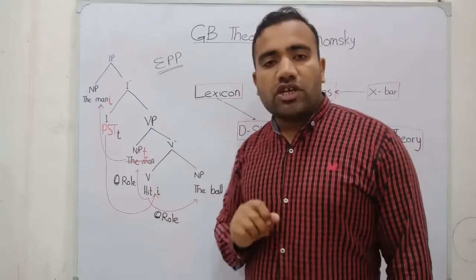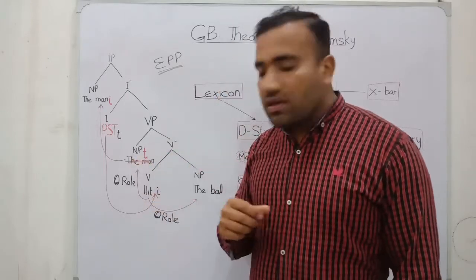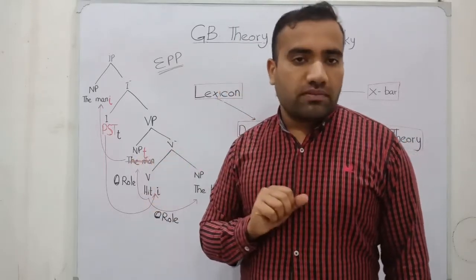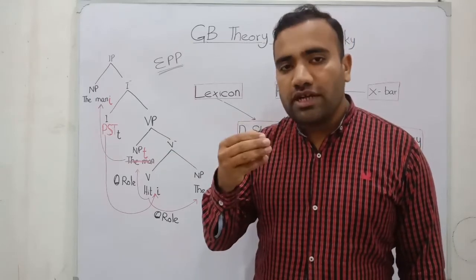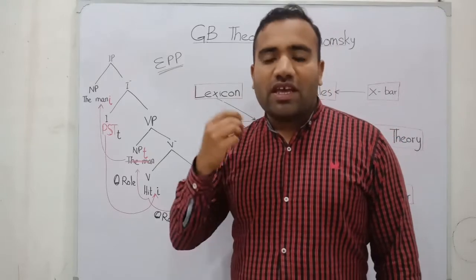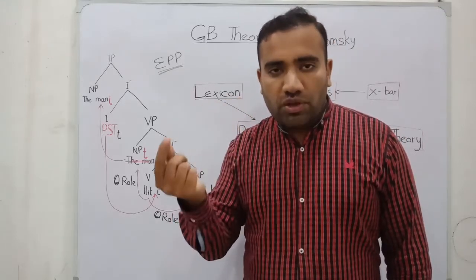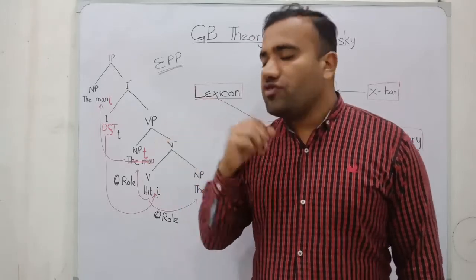The tense of hit is unmarked. The case of the man is unmarked, because I have already told you that in English we have a three case system: nominative, accusative, and possessive.